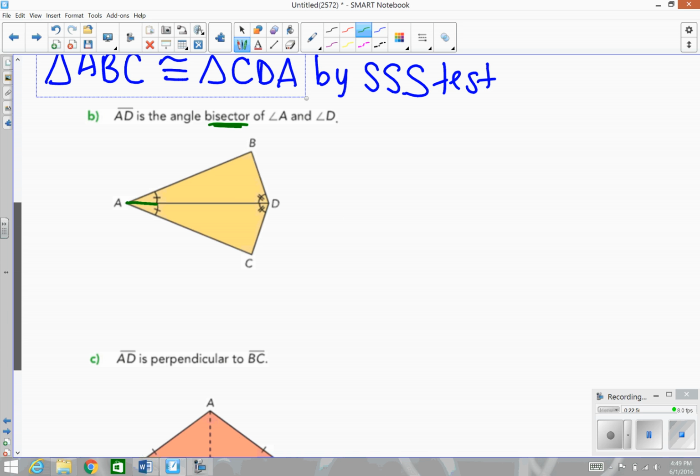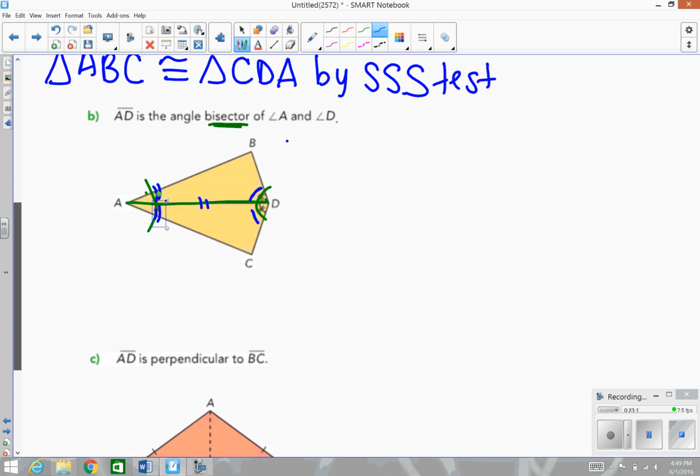If this line is cutting these two angles in half, then this angle is the same as this angle, and this one is the same as this one. And hopefully this side is the same as itself. So what we're looking to prove here is angle, side, angle.